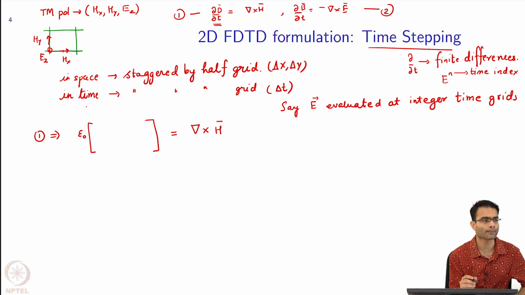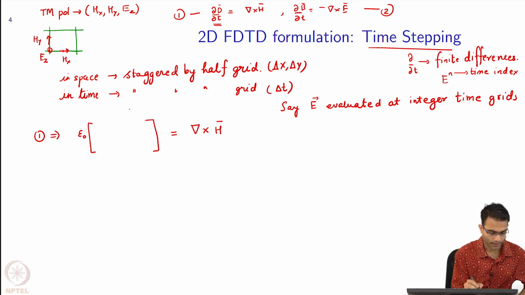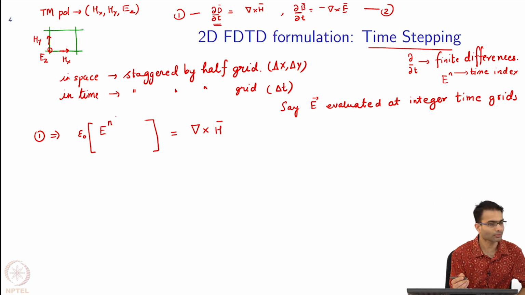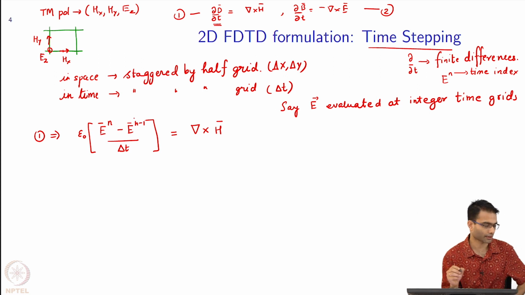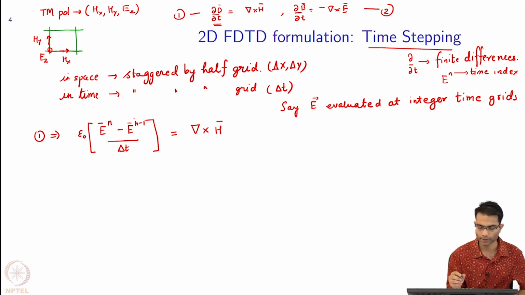Very simply, it should be E^(n+1)_ij, or I can just write E^n minus E^(n-1) divided by delta t, right.